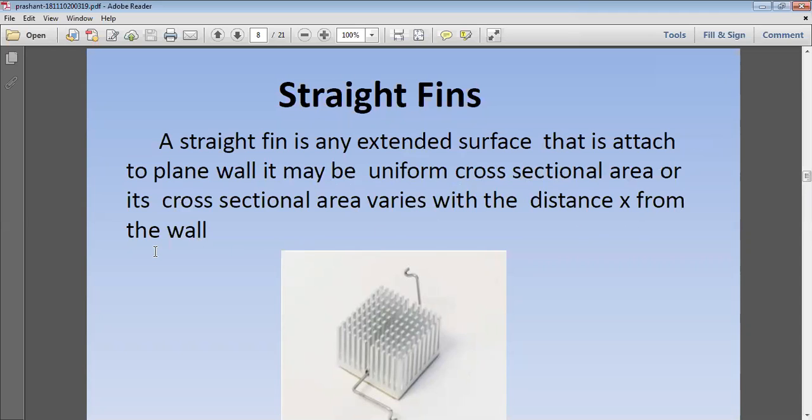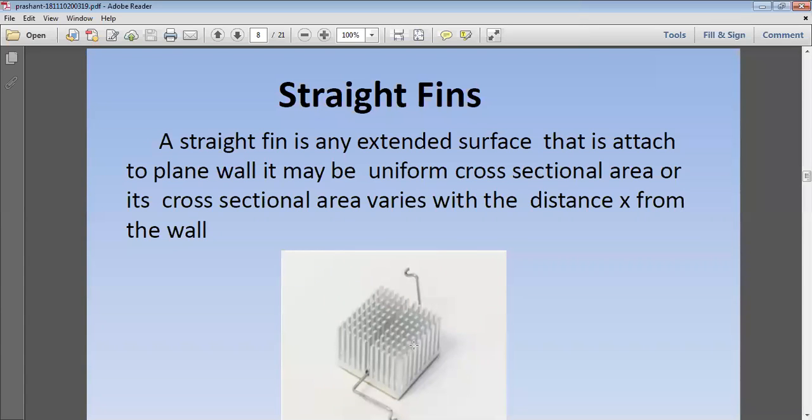Here you can see they are keeping these fins in a geometrical manner and equally spaced, or somewhere they need not follow the exact pitch or dimension. From the base, if you take x, toward the end it is x plus dx.